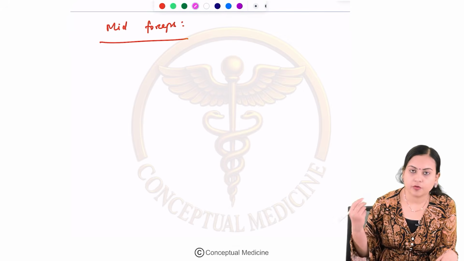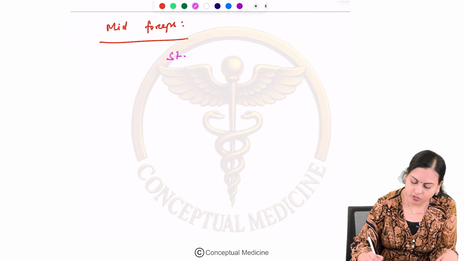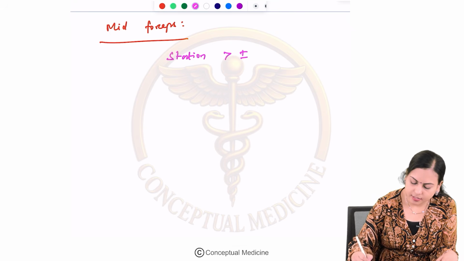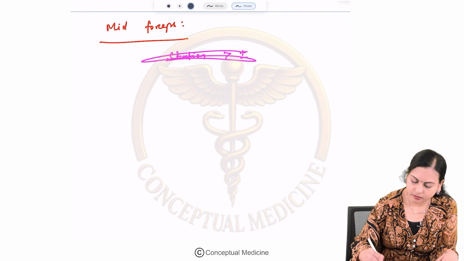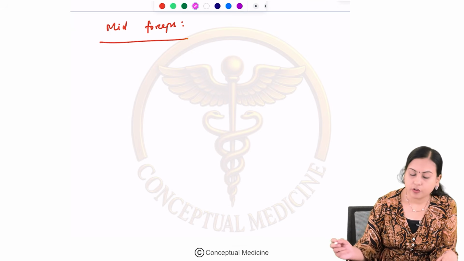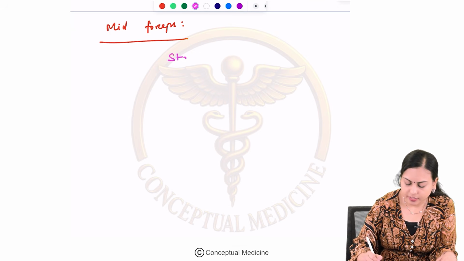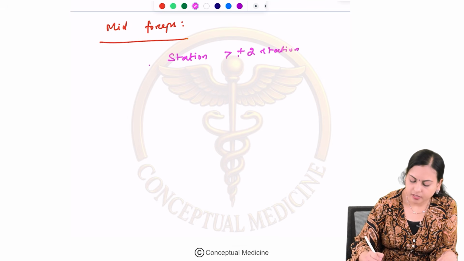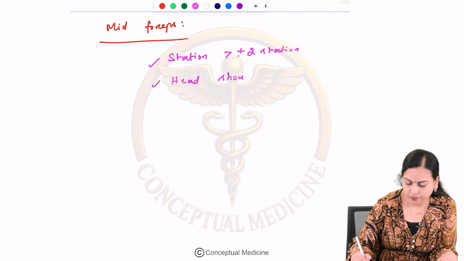And the next one is mid-forceps. For mid-forceps delivery, the station of the fetal head should be more than plus 2 station, but the head should be engaged.